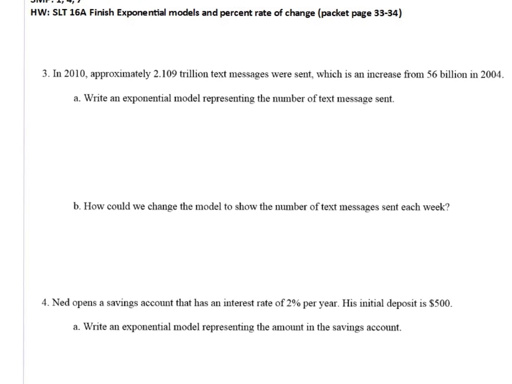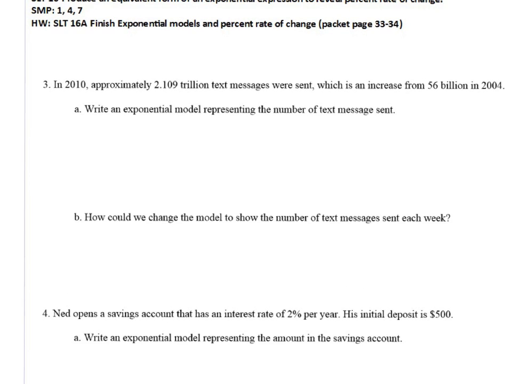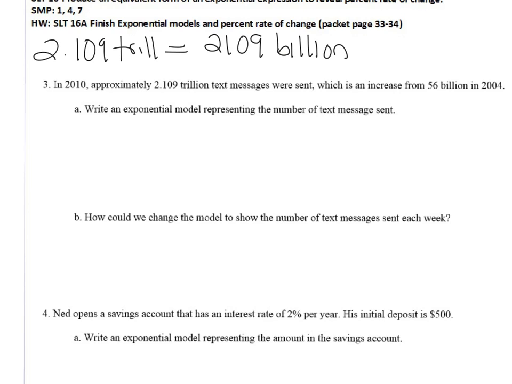Okay, so number 3, you have to be careful. They give us trillion as a unit and billion as a unit. So I'm going to convert the 2.109 trillion to 2,109 billion. Okay, so making a little table of values.